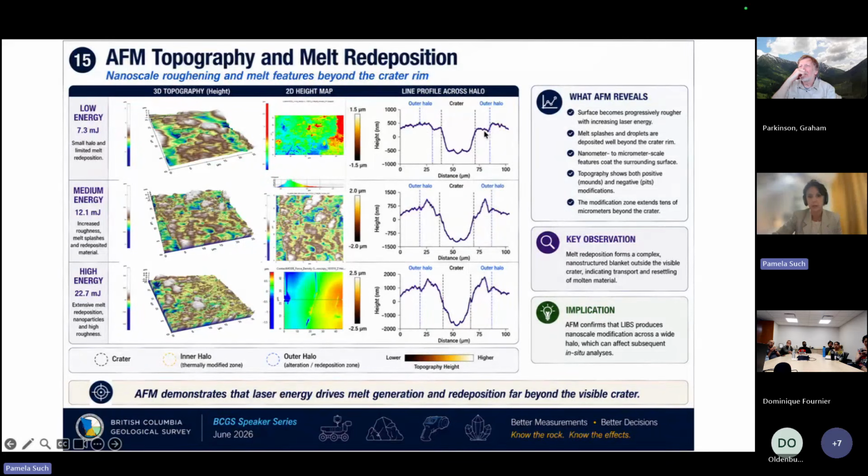What we saw is that for samples in the 5% energy range, the crater will reach up to 1.5 microns, and at 10% and 20%, up to 2 microns, which was also recorded in other studies. So how deep it goes into the sample doesn't depend much on the laser energy. It's always between 1 and 2 microns.